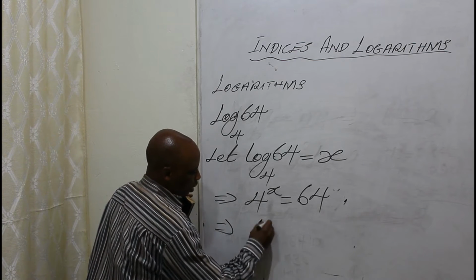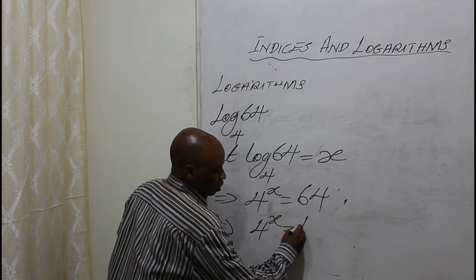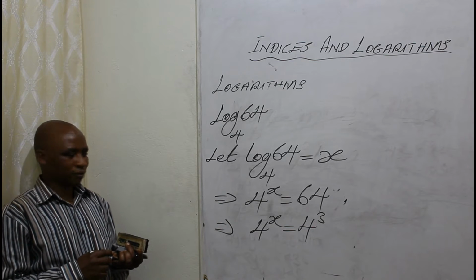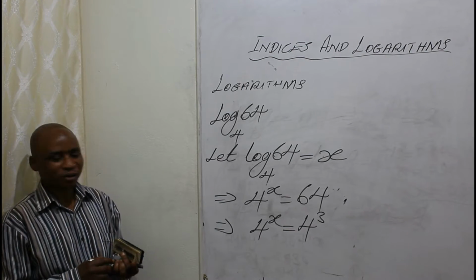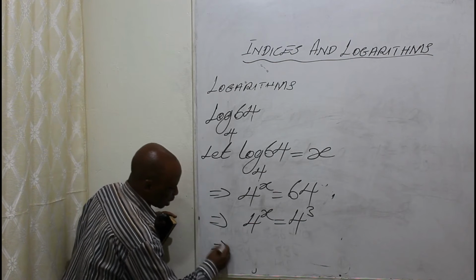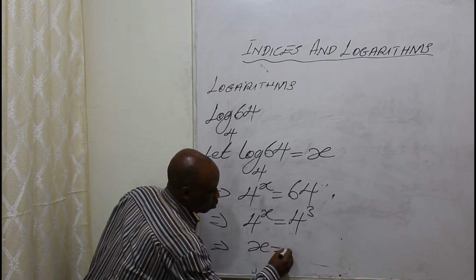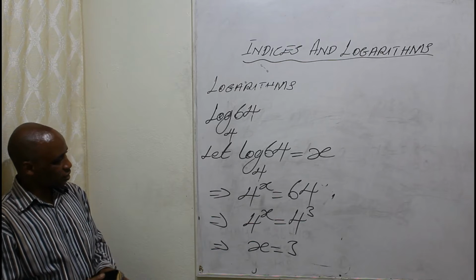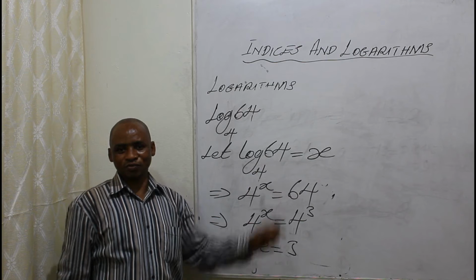So we get 4 raised to the power x being equal to 4 raised to the power 3. Having gotten the bases to be the same, we can compare the exponents and conclude that the exponents are the same. So x is equal to 3. It is 4 raised to the power 3 which will give you 64.